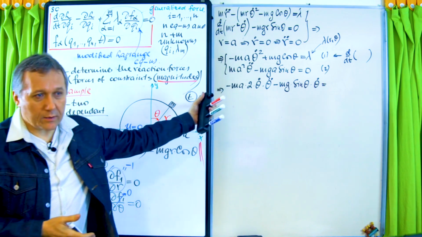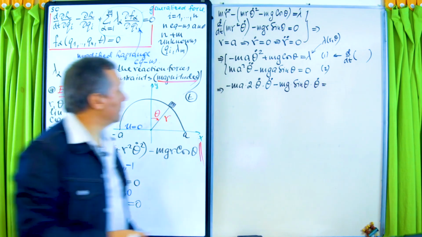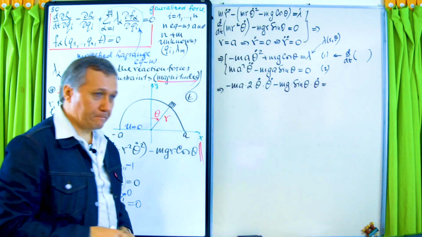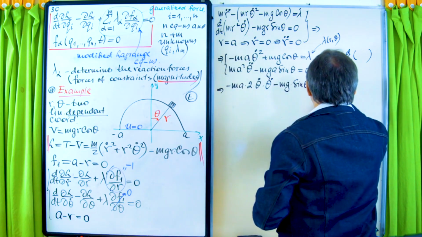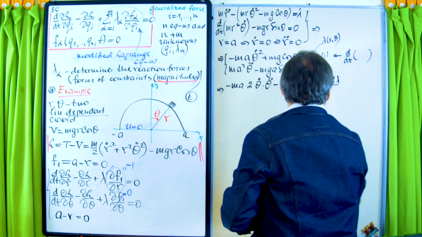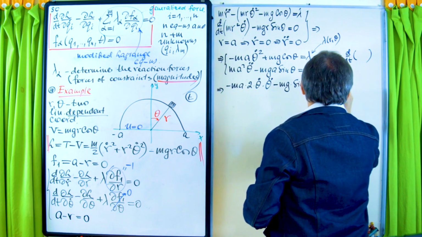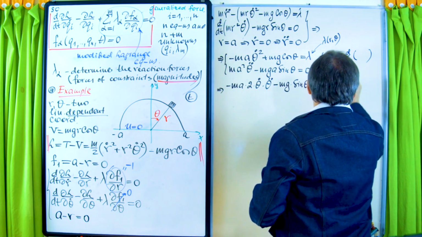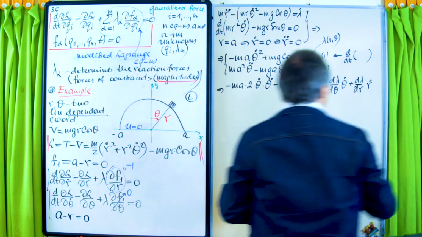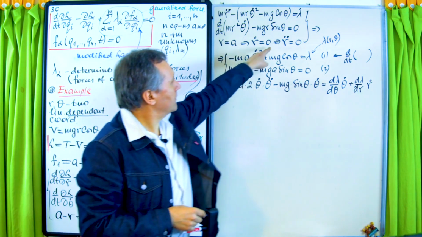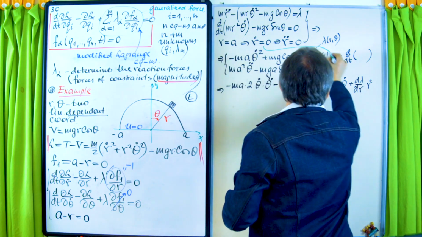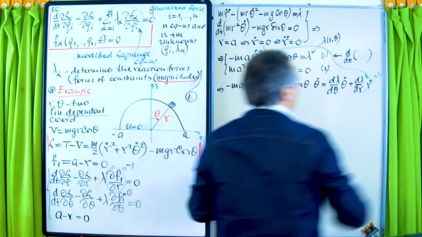So let's differentiate it properly. We have d lambda over d theta times theta dot, plus d lambda over d r times r dot, and of course r dot is 0, so the second term is 0.